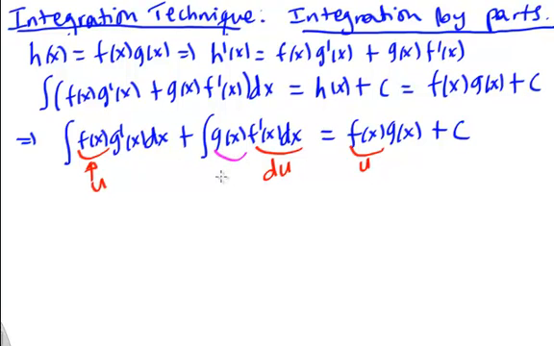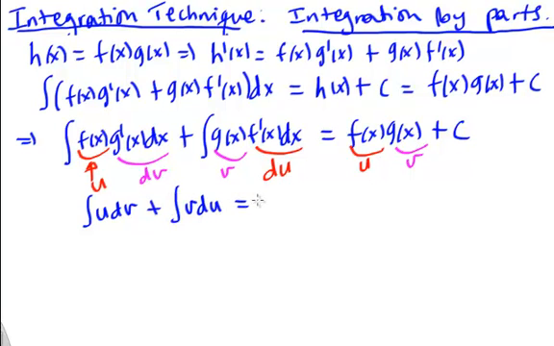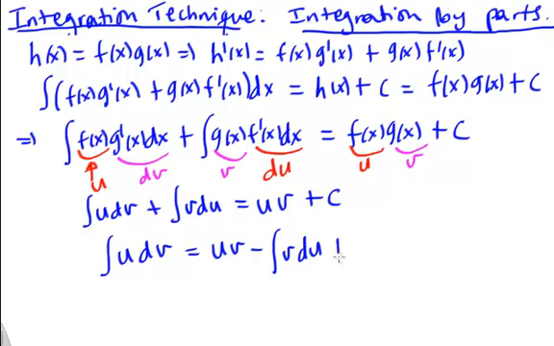If I let this be v, this becomes dv, and this is v. So what I have now is the integral of u dv plus the integral of v du equals uv plus c. If I bring this to the other side, the integral of u dv equals uv minus the integral of v du plus c.